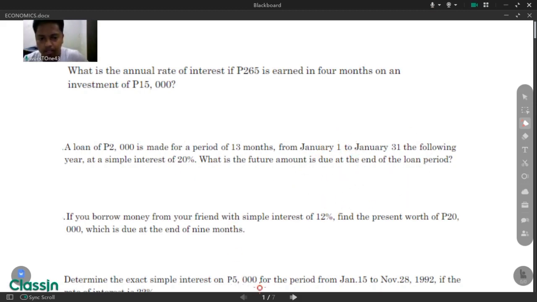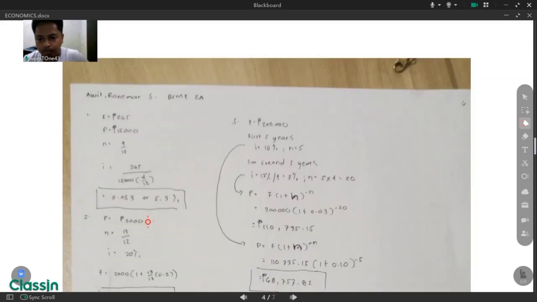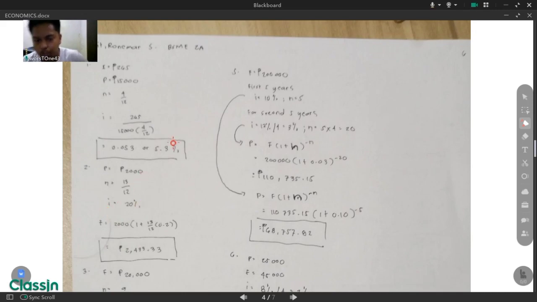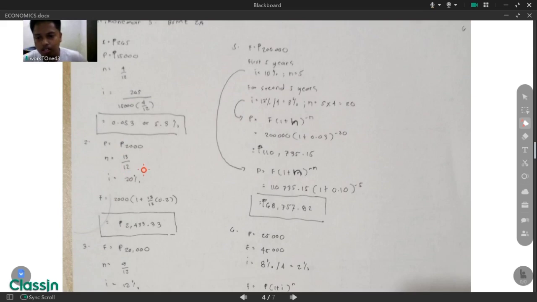So my answer is this: we have the principal of 2,000 since this was the loan, and we'll be calculating the future amount.